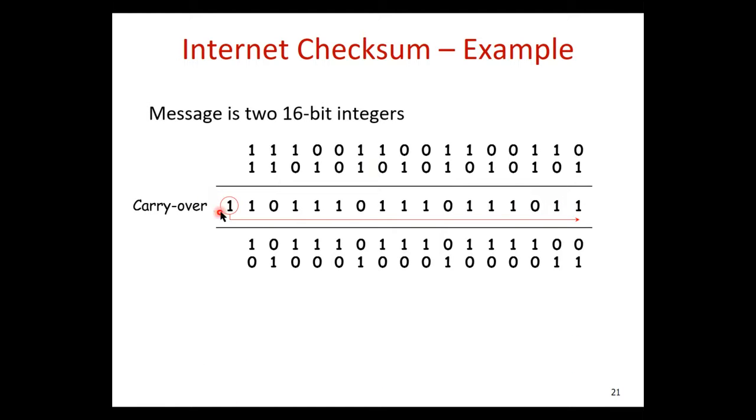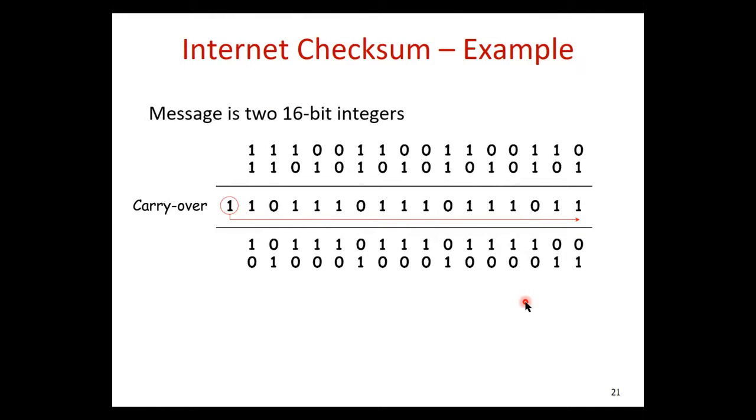Now there's a carryover. So I'm going to take this carryover and add it back to the result. And this is what I get after I add back the carryover. And as the final step, I flip all the bits. And this is going to be my checksum.